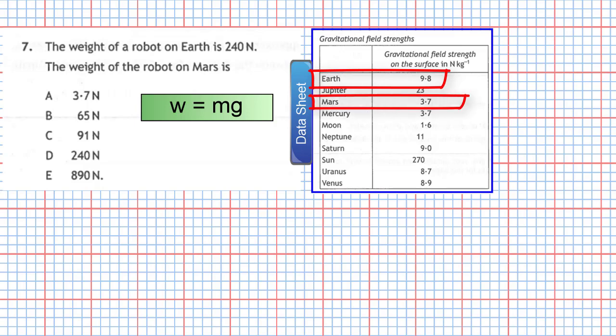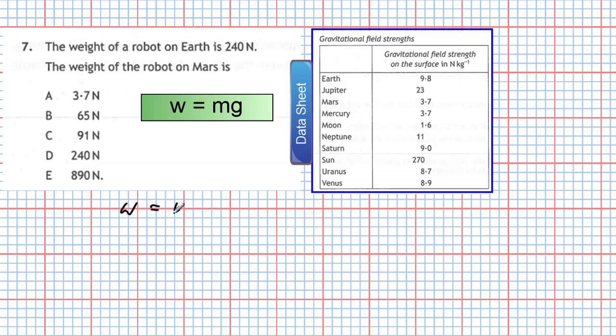So our first main point here is to work out the mass of the robot on the Earth, because remember, the mass does not change. We start off with our equation, weight equals mg, and if we divide by the g, gravitational field strength, we get the mass. A wee simple algebra manipulation there.